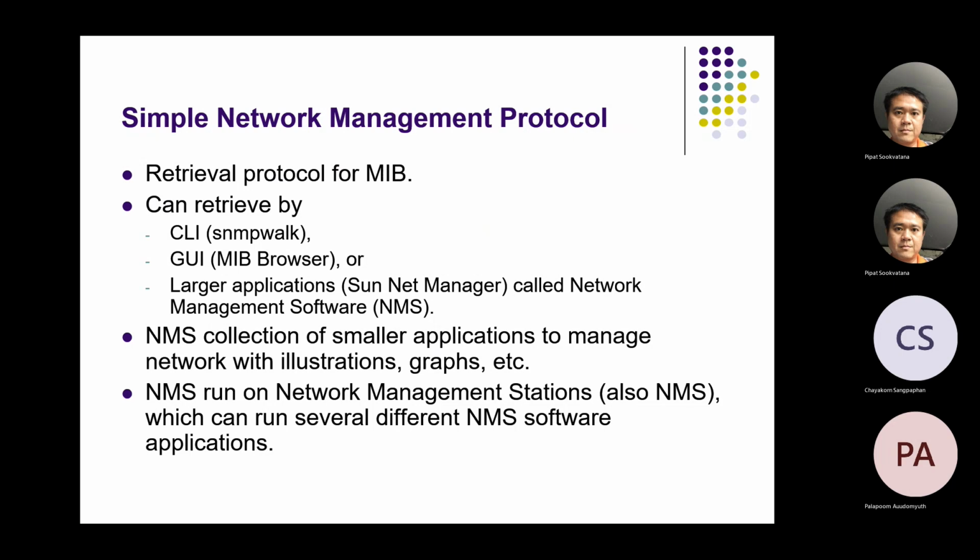SNMP walk object ID. So if I say object ID 0.1, it means they're going to walk through the whole tree. So it represents the whole tree. But if I need something like system 0.1, 0.0, 0.1, 0.1, 0.3, I just walk. So everything under it, they will download the whole data. So walk means the tree walk algorithm normally.